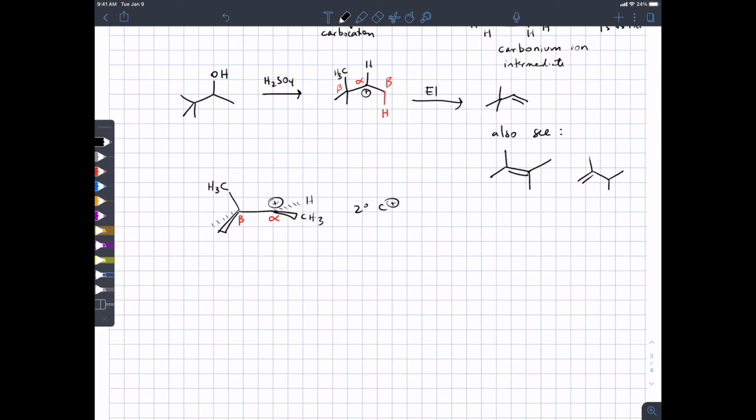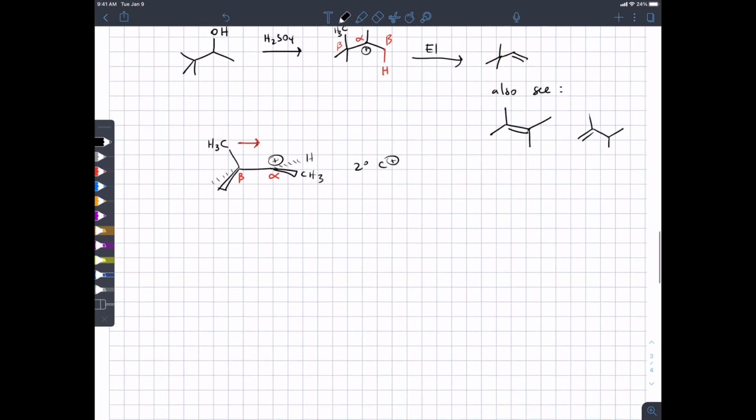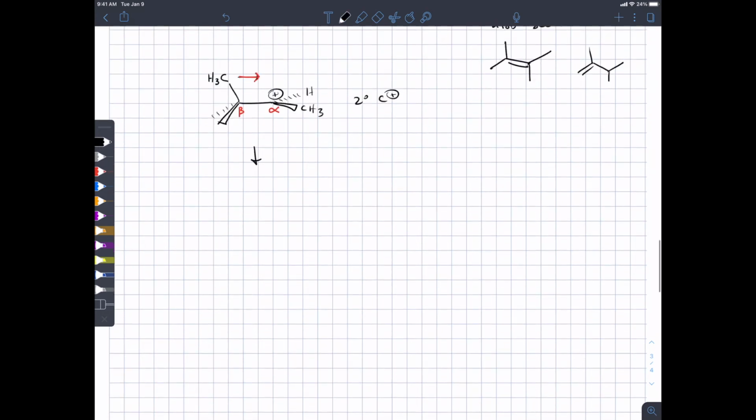The CH3 can start leaning over until you would pass through an intermediate that looked kind of like this, where a carbon is somewhat evenly shared between our alpha and beta carbons.